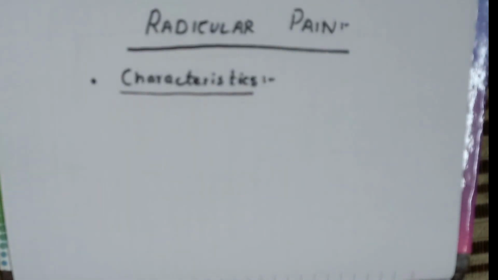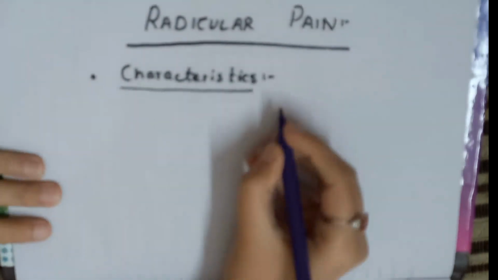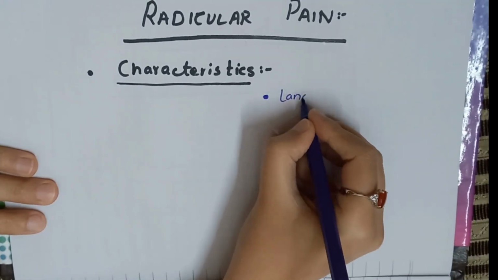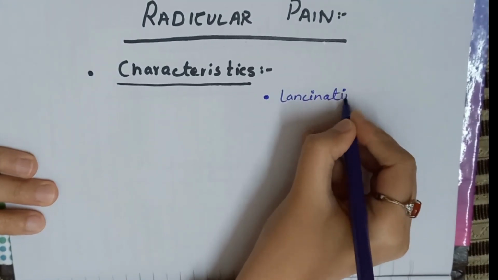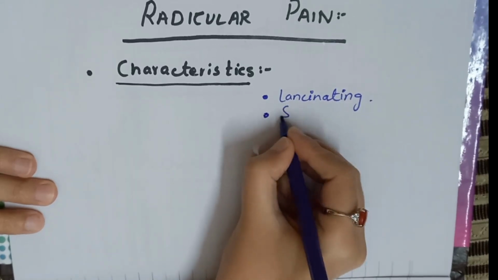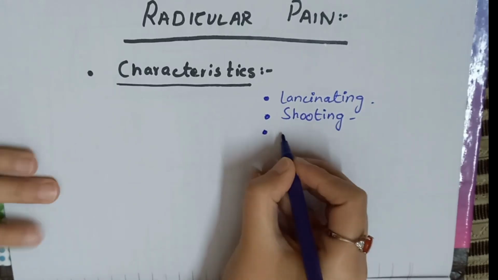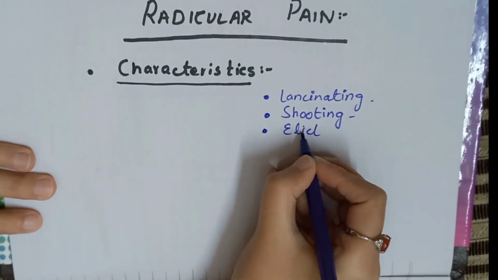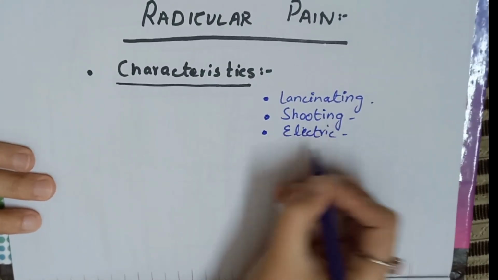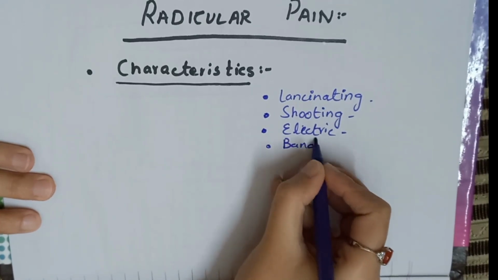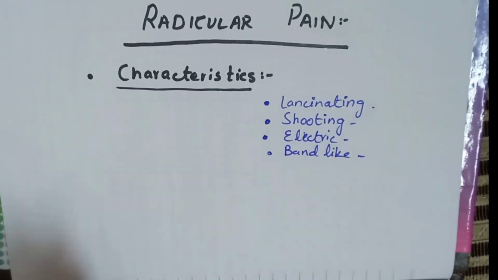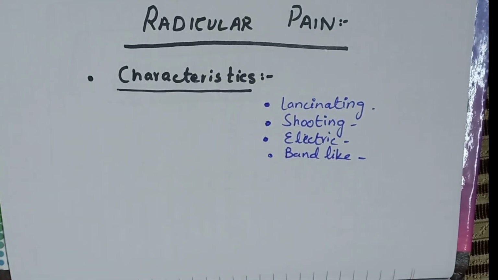So the characteristics of radicular pain include lancinating pain, shooting pain, electric shock-like pain, plus the last one is band-like pain. So these are the 4 characteristics of the radicular pain.